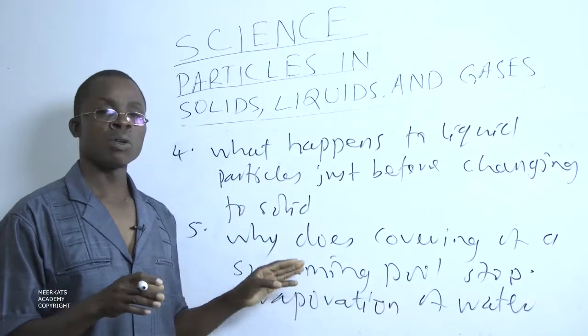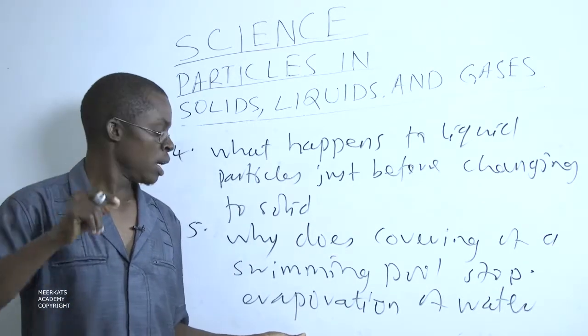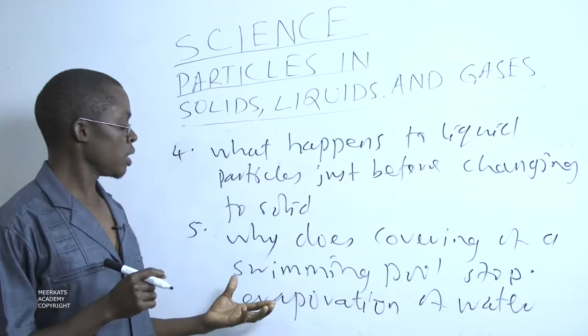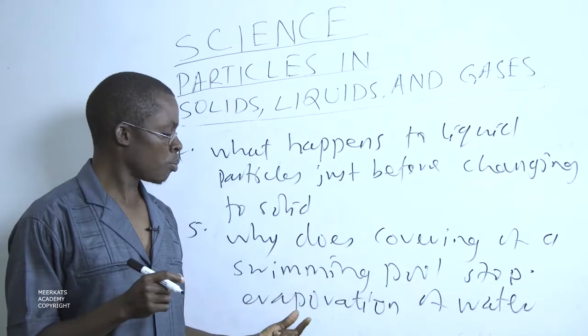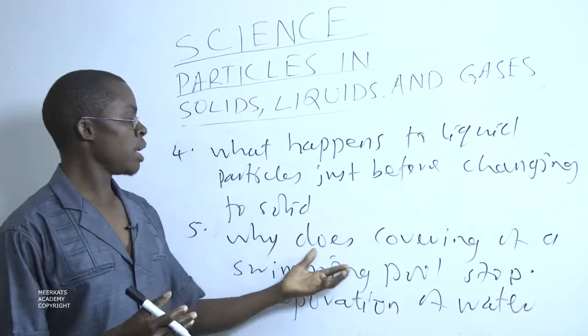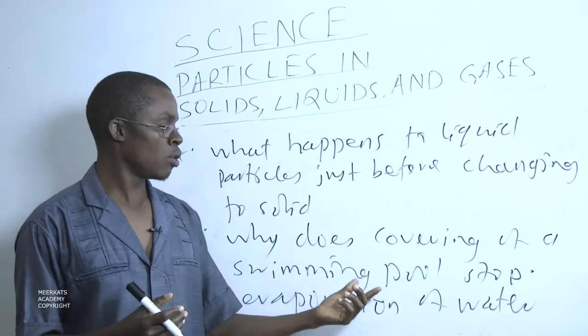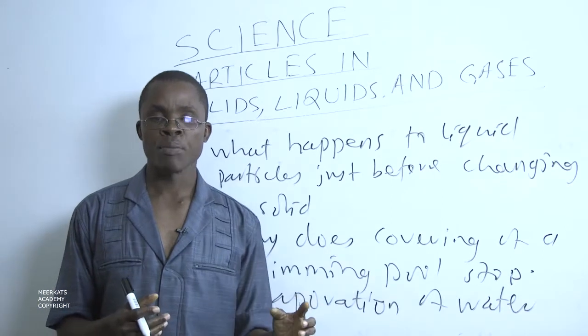Their behaviors will be different in terms of that water in that container evaporating. So here the question is asking, why does covering of a swimming pool stop, or you can as well say reduce, evaporation of water?